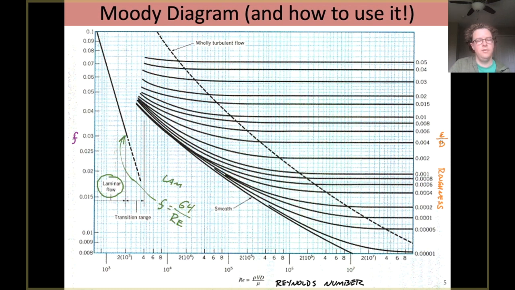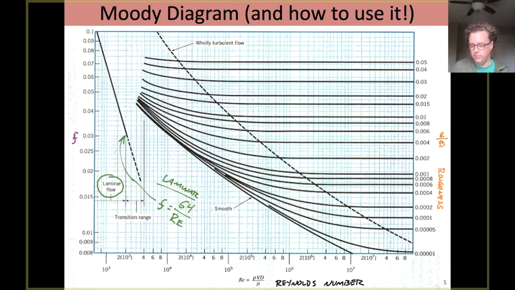Well, first off, if you've got laminar flow, you can see I've used this green to circle the word laminar flow, and I'm pointing you at this linear relationship. So for laminar flow, this friction factor is well estimated by 64 divided by the Reynolds number. And interestingly enough, for laminar flow, the roughness of the pipe doesn't matter.